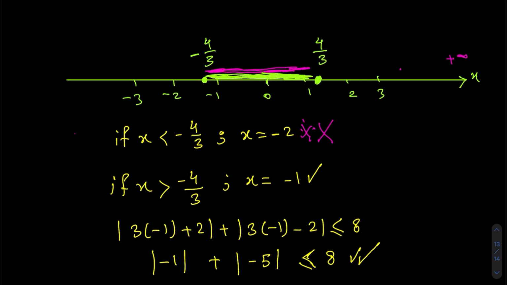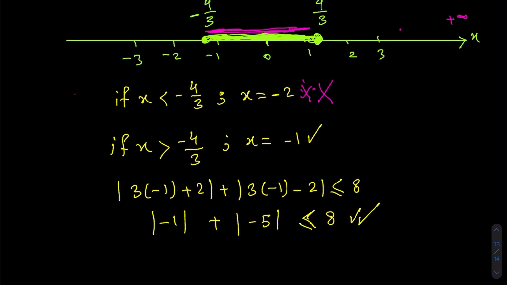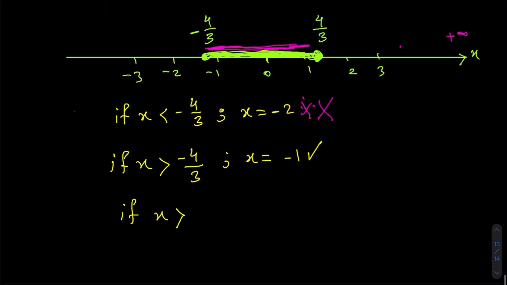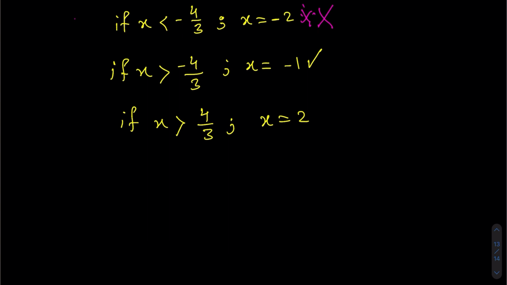But let me check and make sure that the x's which are larger than 4 over 3 do not belong to my answer. So I will erase it here again, and check what if x is larger than positive 4 over 3, for example x is equal to 2. Then I need to check it in the original inequality. I said equation, which was wrong, inequality.